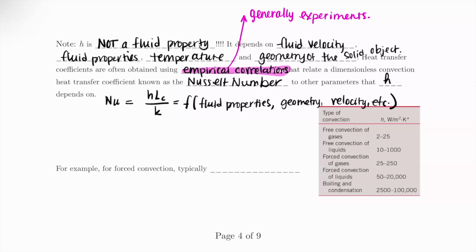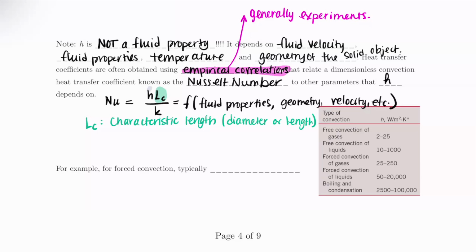All right, where in this equation, Lc is the characteristic length of the object. So this is often a diameter or length. All right.